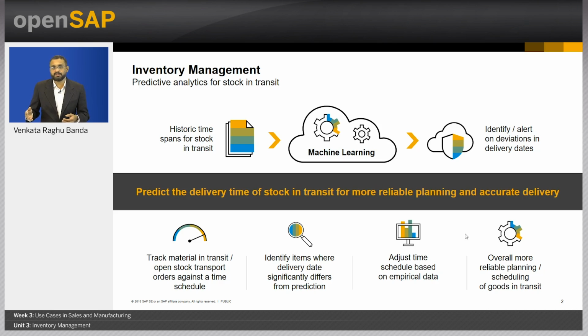In the Leonardo technology, the ML service sits on SAP Cloud Platform on the Leonardo umbrella, or the Leonardo bridge, and this is being consumed by the S4HANA business processes. These are the two differences.